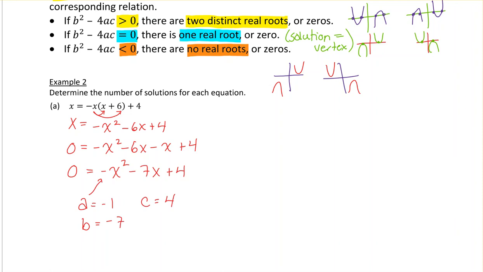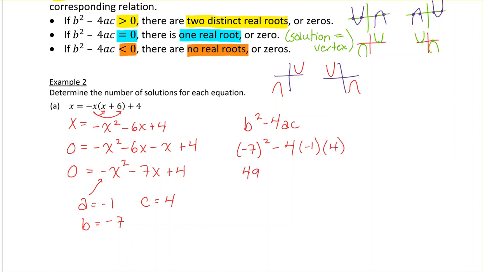So, the question is asking to determine the number of solutions. If I said what are the solutions, you would have to use the quadratic formula, but it's just saying number of. So b squared minus 4ac. Plug in what you know. Well, b is negative 7. Square it. A is negative 1. And c is 4.